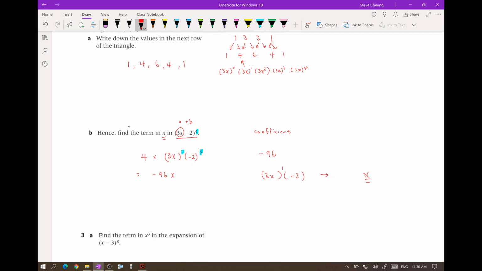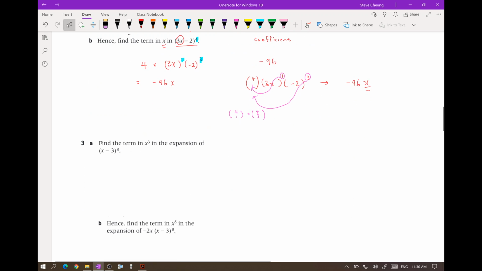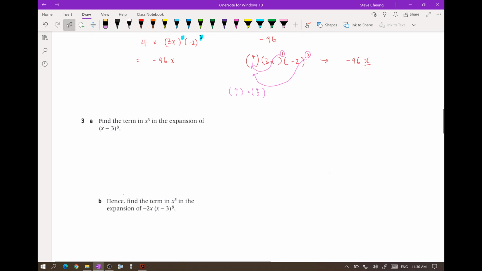So once I choose one of these here, the remaining has to go to the other term, which simplifies to 3. And then I can take one of these numbers, any one of these, and put it in here. Actually, 4 choose 1 and 4 choose 3 are equivalent. So just put any one of these numbers here, and then you will extract the term with x in it. And that's what we're going to use in the subsequent parts.